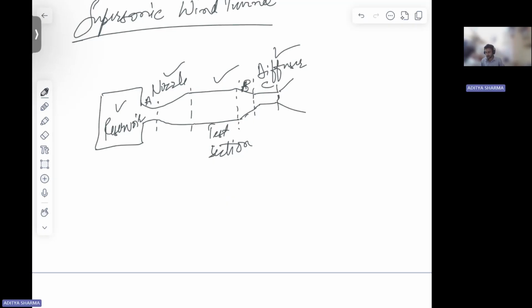Then eventually, at the exit of this section, you are going to have a very weak normal shock so that your pressure losses are not high. Okay. So this is there in your supersonic wind tunnel.